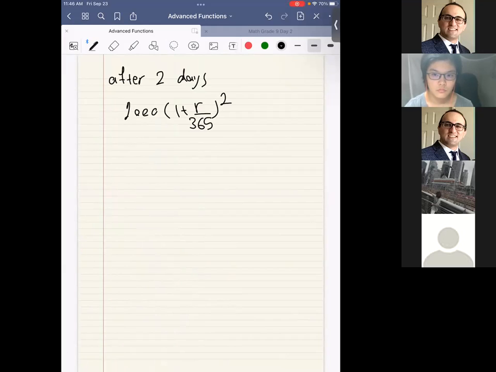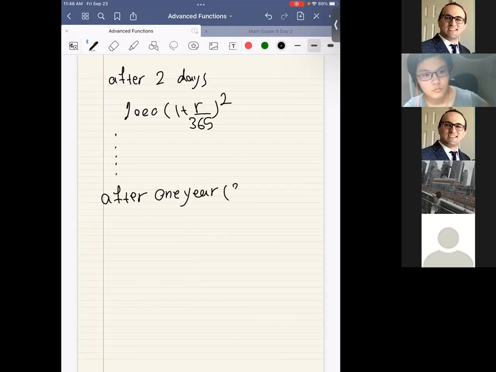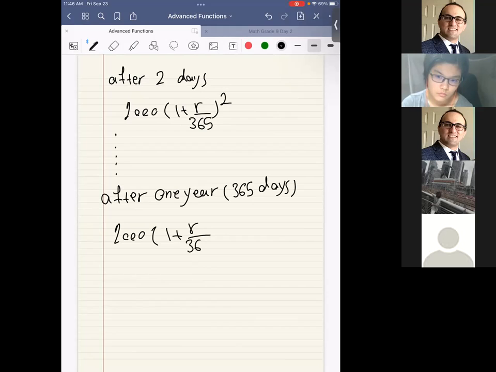So what would you get after 1 year? It would be 1,000 times 1 plus R over 365 to the power 365, right?